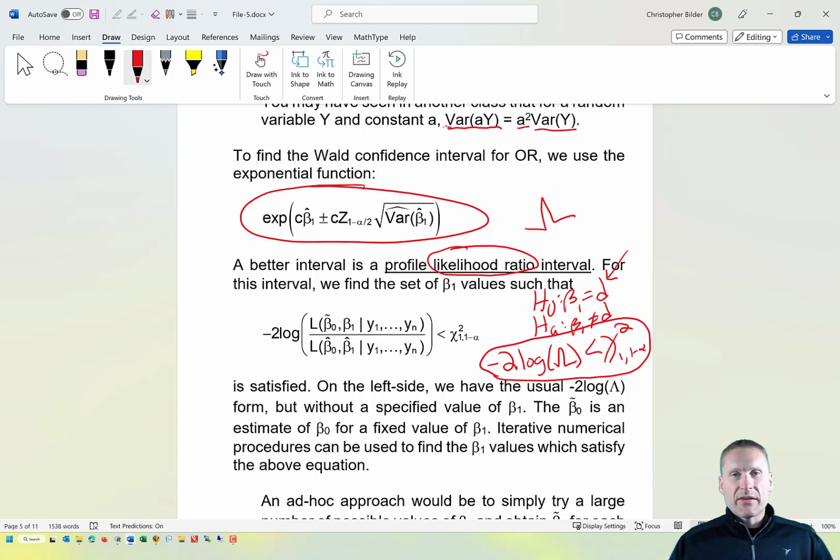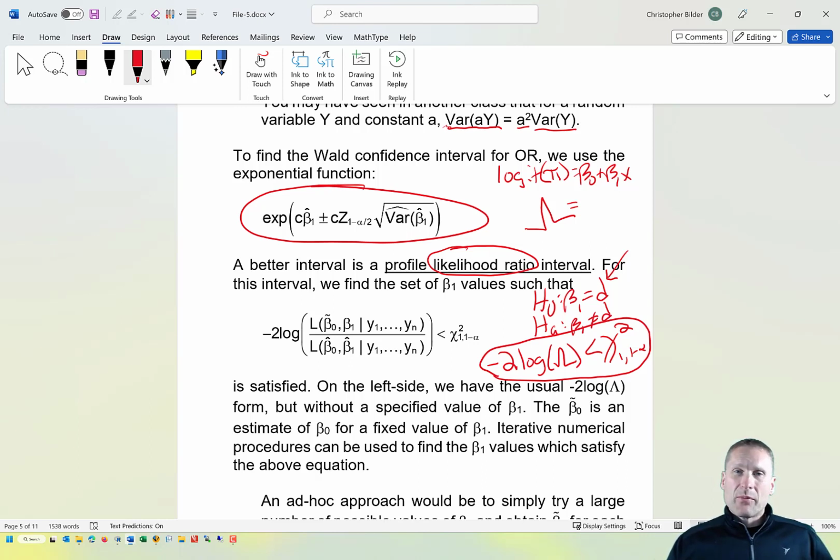Now, this process is actually a little bit more complicated than the inverting we've seen before. The reason is that our model doesn't just have beta 1 in it, but it has beta 0 in it too. And so, if you remember this lambda, the numerator is the maximum possible value of the likelihood function subject to the null hypothesis being true.